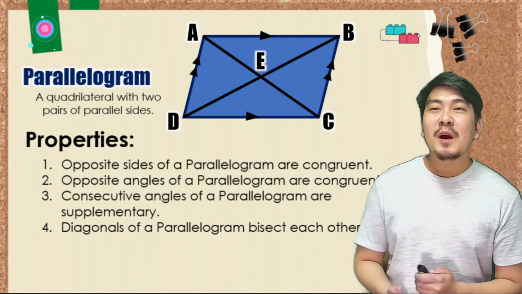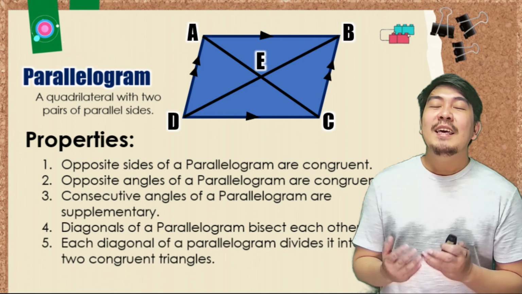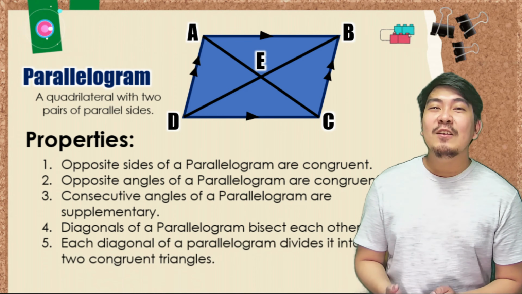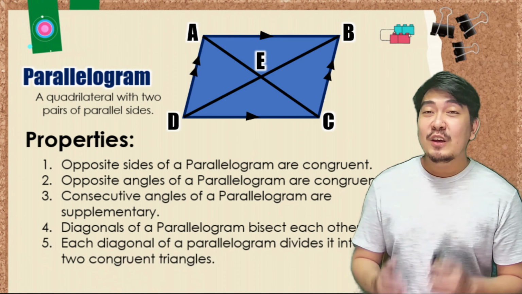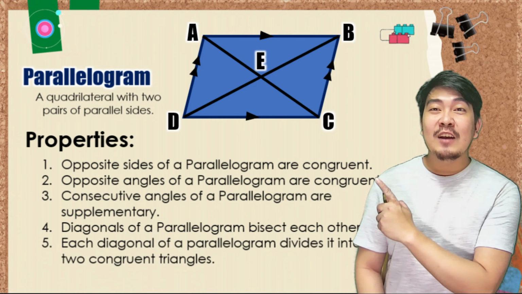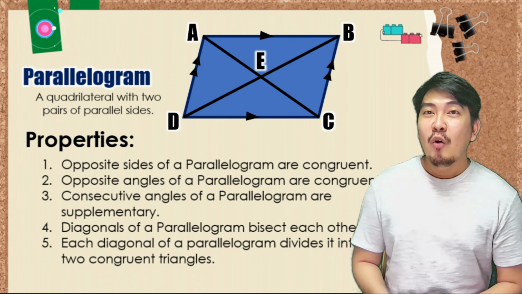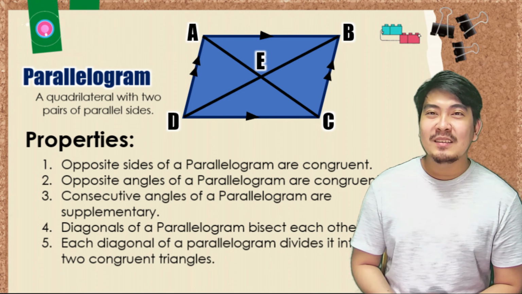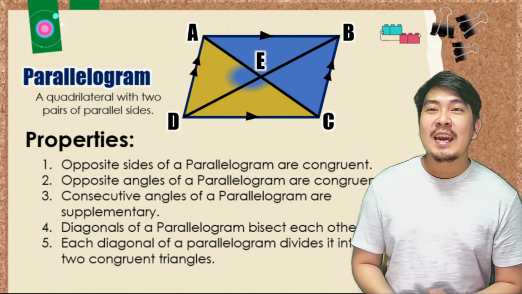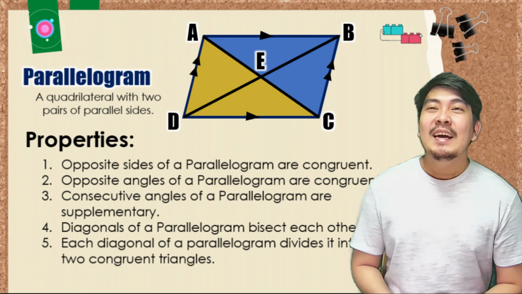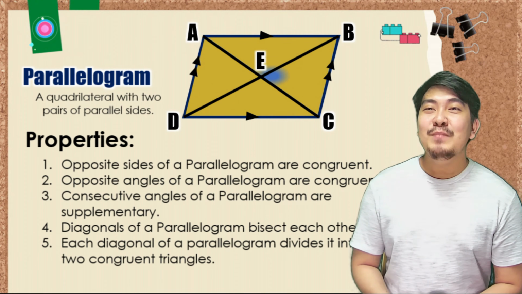And then the last property of a parallelogram, each diagonal of a parallelogram divides it into two congruent triangles. So if we are going to consider the first diagonal, segment AC, what are the congruent triangles? The congruent triangles are triangle ADC and triangle ABC.